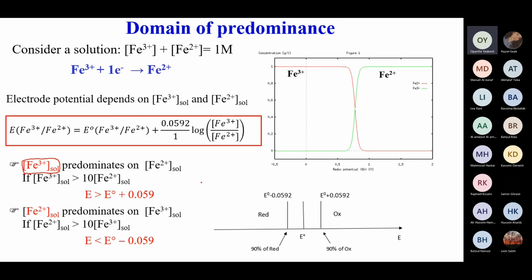That means the ratio of Fe3+ to Fe2+ is 10 to 1. So I put 10 to 1 here.